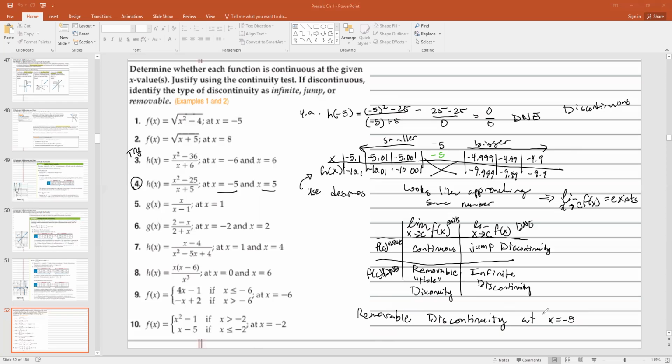All right, yeah, I'm sorry, I didn't have time to check the +5. I'll go over that tomorrow. That is it. Oh, why did I put a box around that? So I should put the box around, this is the answer, removable discontinuity. That's better.